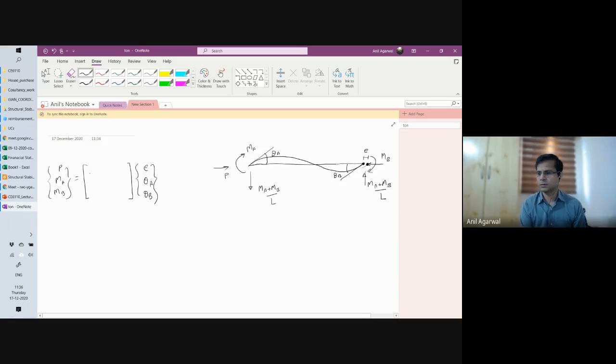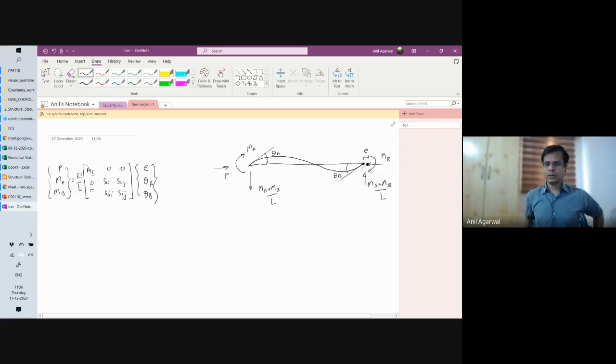And this stiffness matrix was basically SII, SIJ, SJI, SJJ.